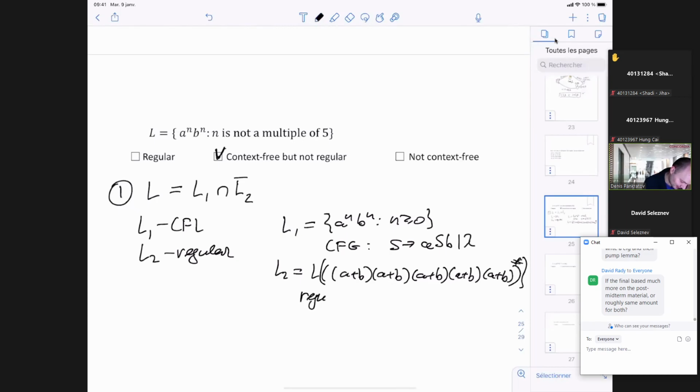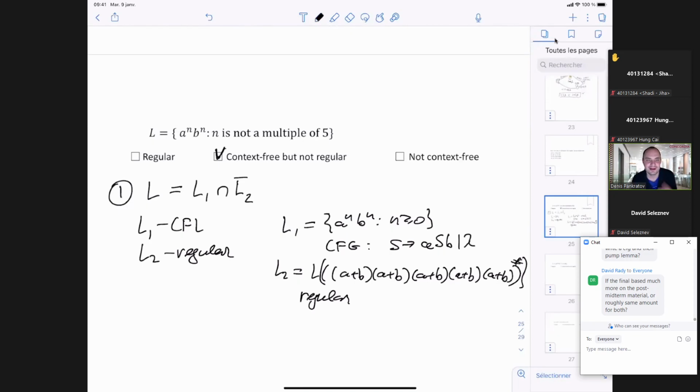So this is regular. Because L2 is regular, it consists of all strings that are multiples of 5. And L2 complement is the strings whose length is not a multiple of 5.